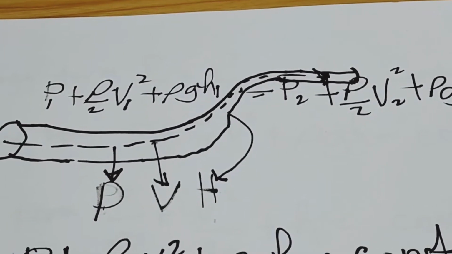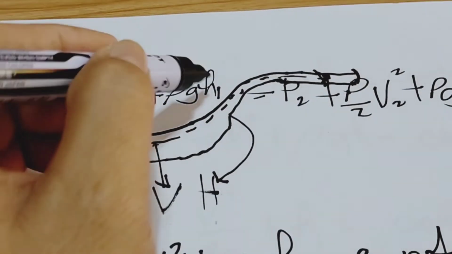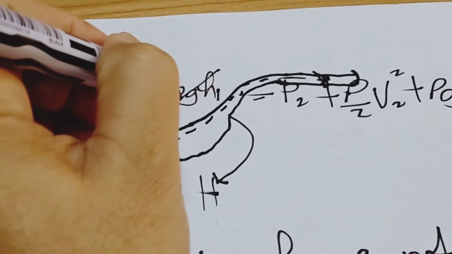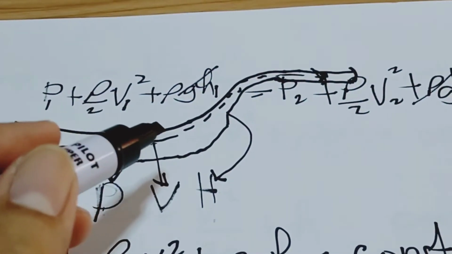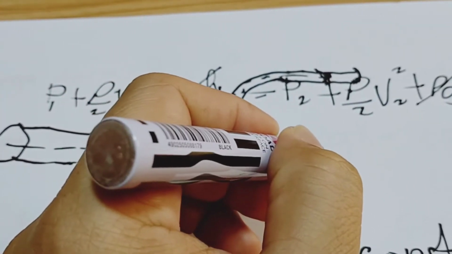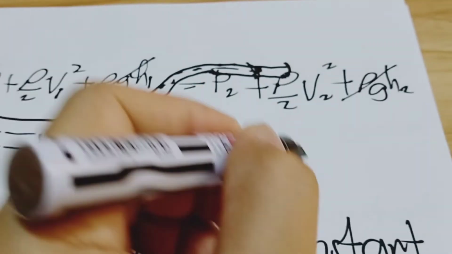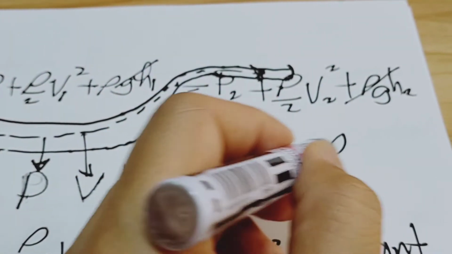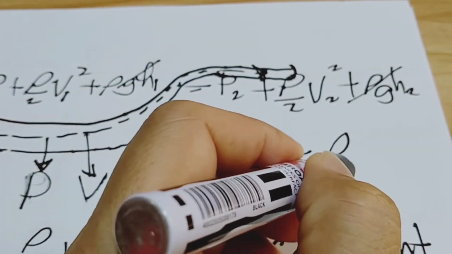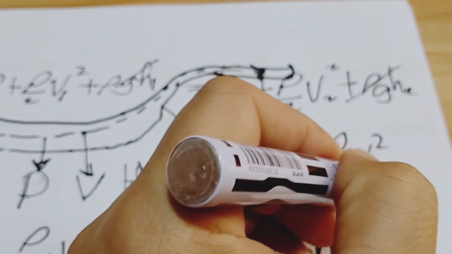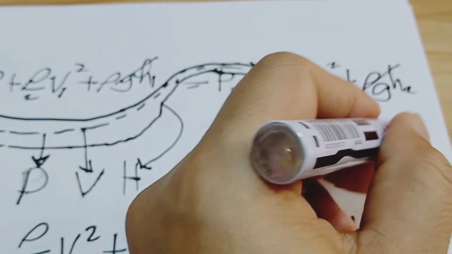Okay? And by canceling the potential energy here, you will now have P sub 1 minus P sub 2 is equal to rho over 2 times V squared sub 2 minus V squared sub 1.